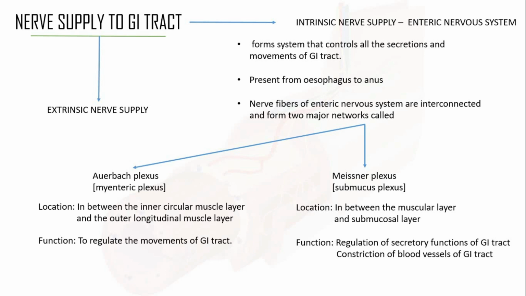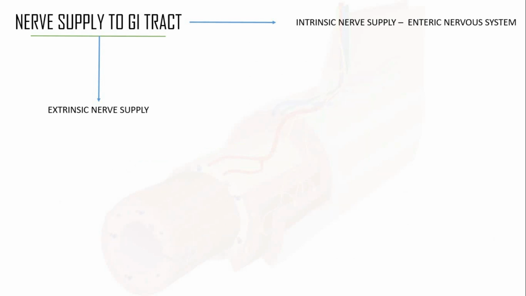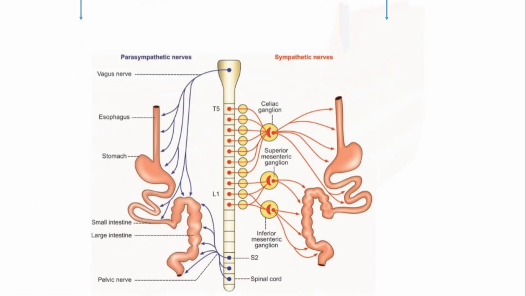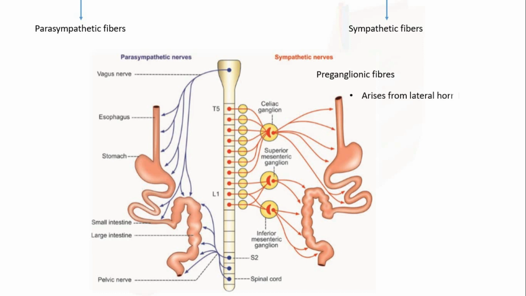The extrinsic nerve supply controls the enteric nervous system and is from the autonomic nervous system. Therefore, it can be broadly classified into sympathetic and parasympathetic divisions. In the sympathetic division, preganglionic fibers arise from the lateral horns of the spinal cord between the 5th thoracic vertebra and the 2nd lumbar vertebra.